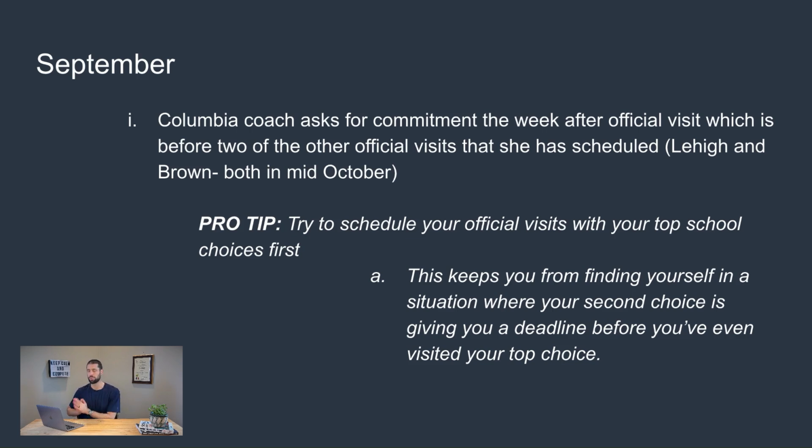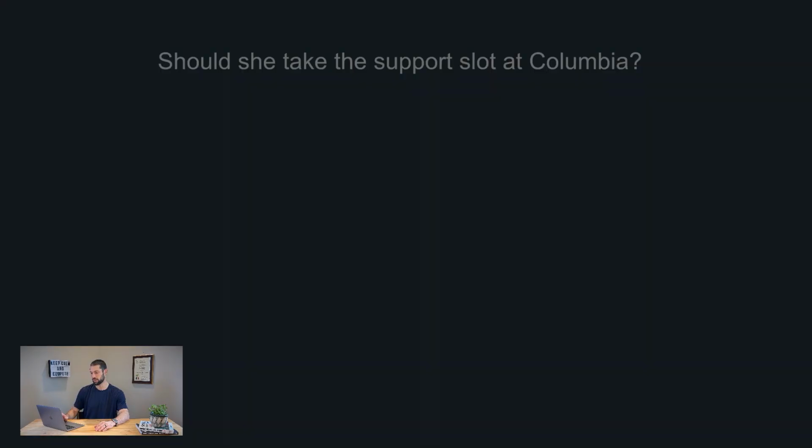So if Lehigh or Brown were schools that she would prefer to attend over Columbia, then she's in a pickle here, because she either needs to turn down that slot or take the slot at Columbia, but not even get to go to the other schools that she likes more. Now, in this scenario, she kind of likes them all the same until she sees them. So she's interested in all of them, but she would like to be able to see them all to make a really good decision for where she wants to go.